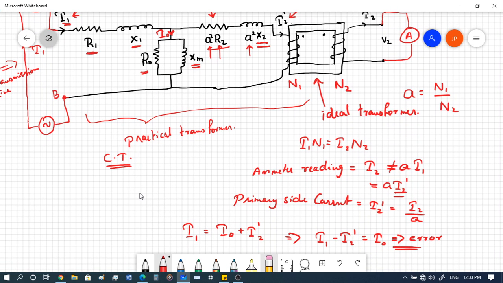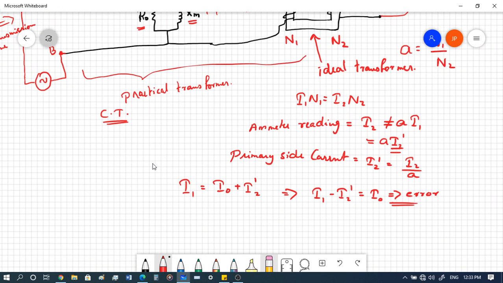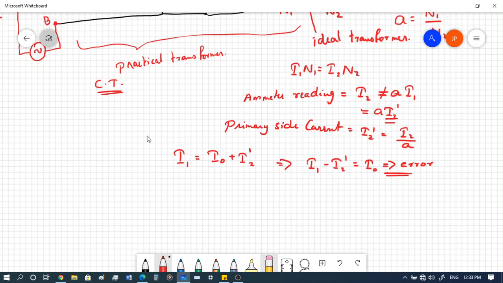Therefore, when you calculate the current, there is always a small error associated with it, and the error is I0.